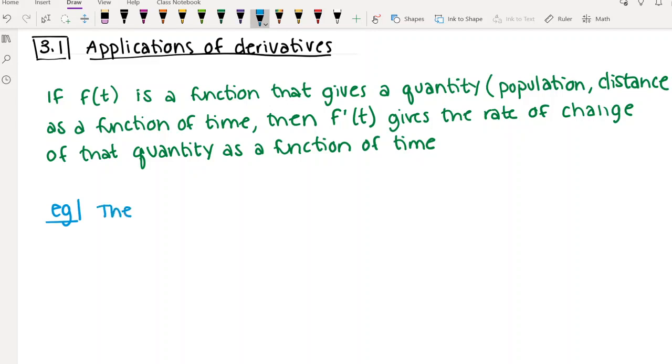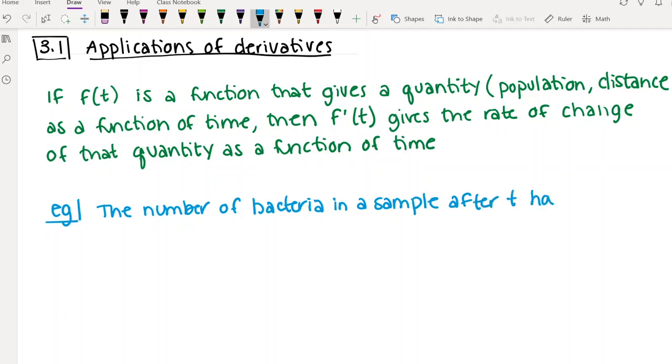So the number of bacteria in a sample after t hours is given by f of t equals 1.3 e to the t.